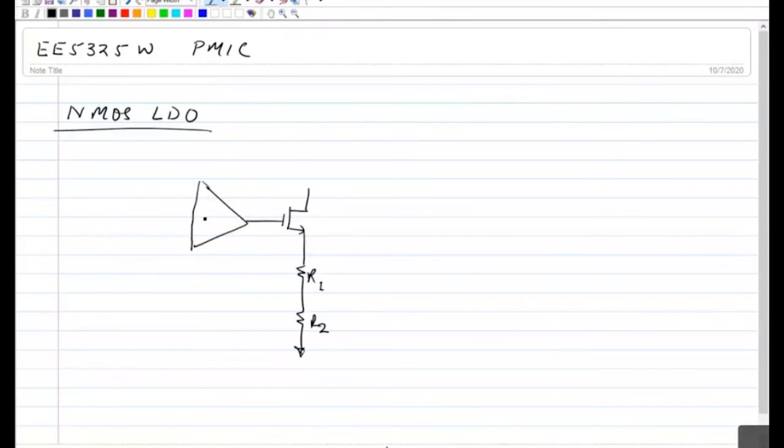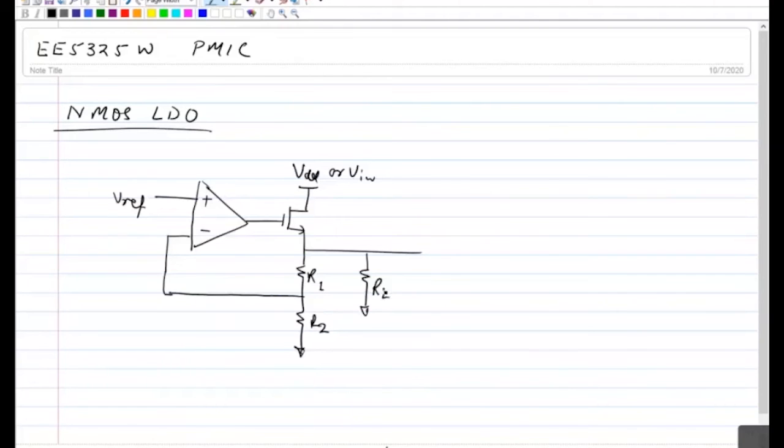So plus, minus, error. This is your VDD or Vin, whatever you can call. And then you have R load, C out, and here you have the same R gate.